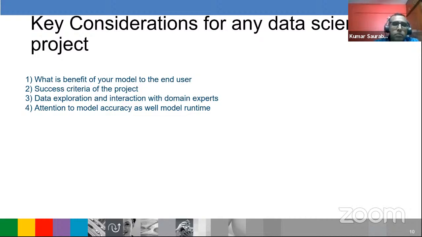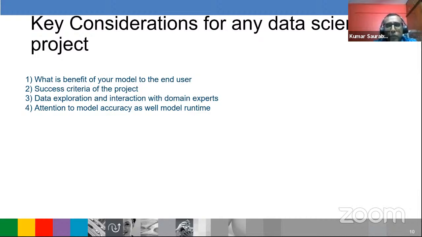And then the last point that we learned was that model accuracy alone is not sufficient. We also need to pay attention to model runtime. In an enterprise kind of setting, model runtime also matters a lot. If I talk about, let's say, Kaggle sort of competitions, where people are building a lot of complicated models, models really get complicated for every 0.1% increase in the accuracy.